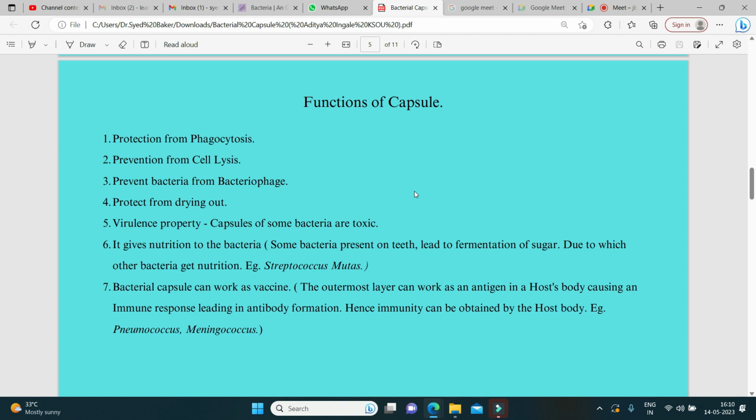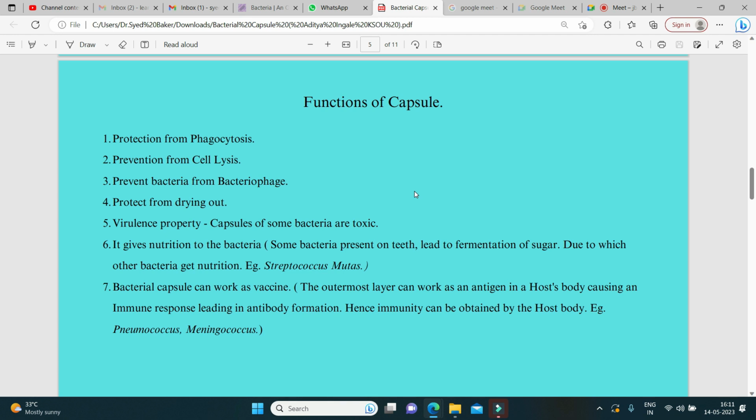The bacterial capsule prevents the bacteria from phagocytosis, and that is a protection. Second is cell lysis prevention. Cell lysis is the breakdown of the cell. The capsule protects from the breaking of the cell by osmotic pressure or any other cause.